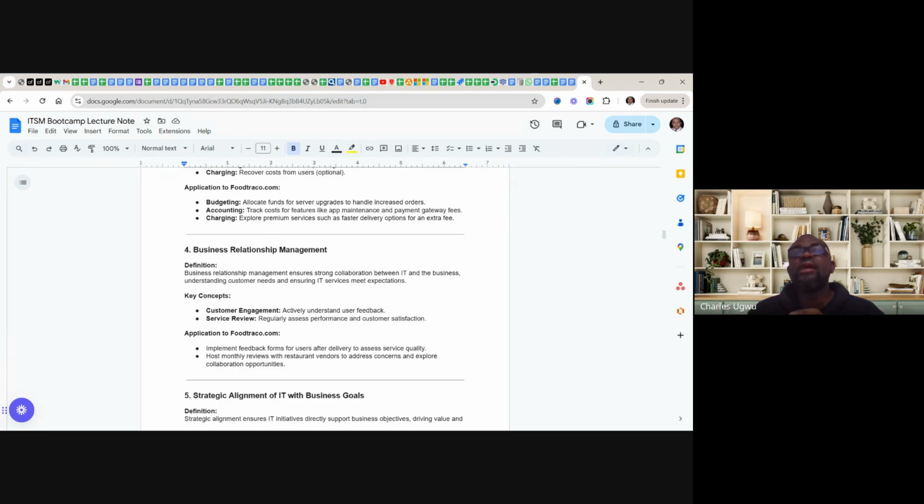When there is regular poor feedback on a particular delivery person, or delivery people within a particular area, we need to review the feedback to understand why there is poor delivery, to understand if our delivery radius is too wide for us to narrow it a bit. This is a way we scale our IT operation, to make sure that we narrow our delivery radius so that there is more prompt delivery.